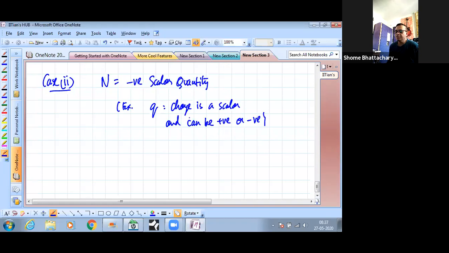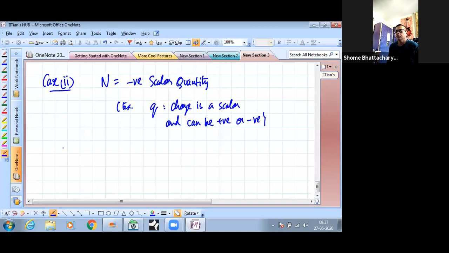So there are certain types of physical quantities which can be positive and negative in spite of being scalar. Whereas there are other physical quantities like mass, volume, etc., which don't have algebraic sign. We don't say mass is positive or negative. We just say mass is an absolute quantity.